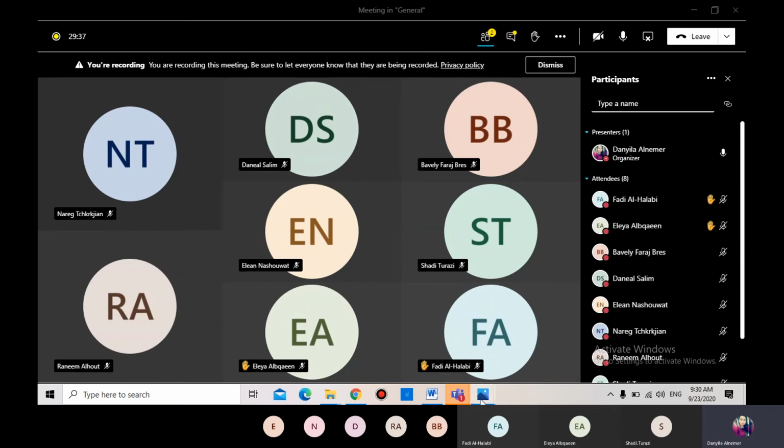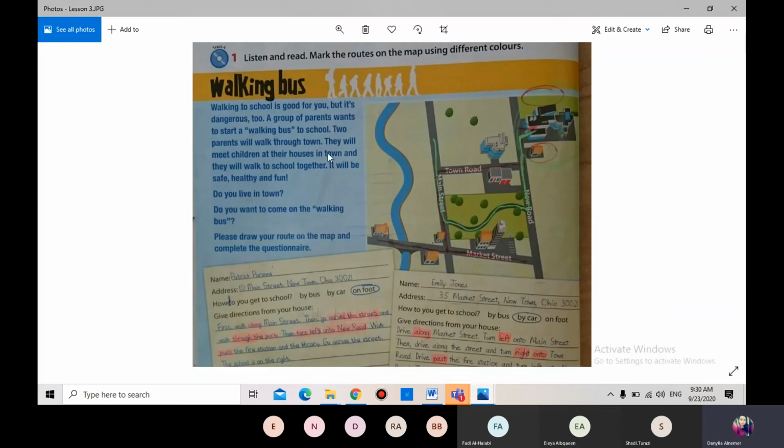Fadi, what are the steps? Two parents will walk through town, and then will walk to school.